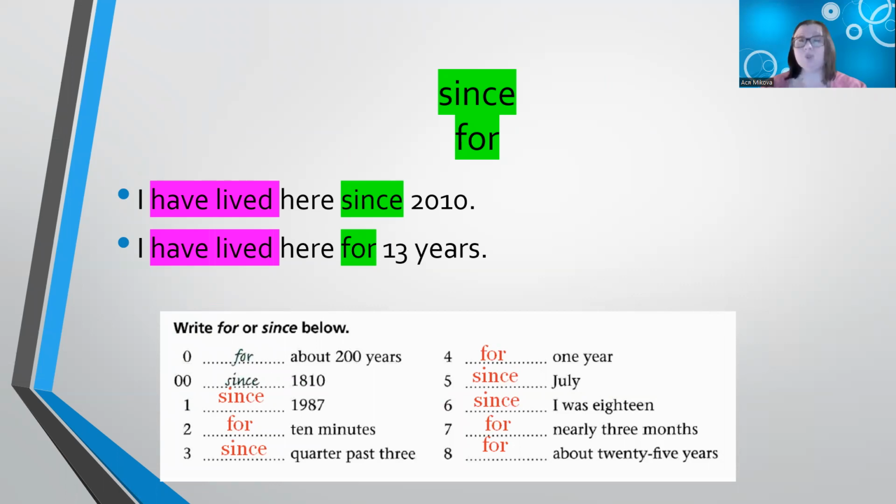And here I would like to stop for a while and explain to you the difference between for and since if we speak about age. A lot of students make a mistake here because they want to say, like in Russian we say, с одного года. If you want to say it in English, they never say since 1 year.